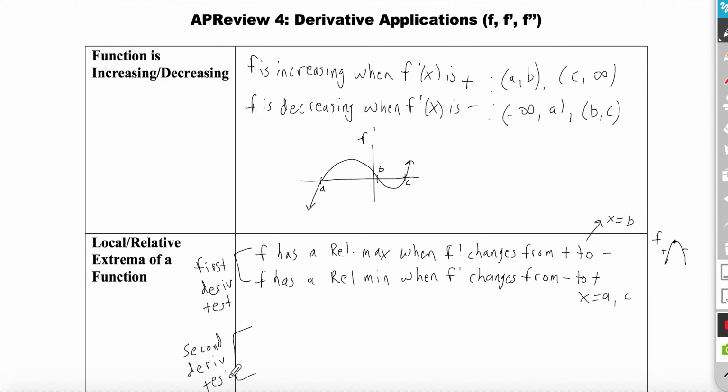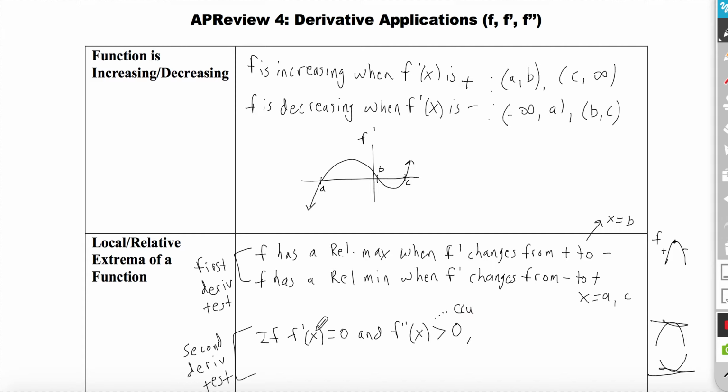What the second derivative test says is if f prime of x, so the derivative, is 0, which means we have a leveling off point on the graph, either up there or down there, we can actually use the second derivative to tell us what's going on. So if f prime of x equals 0 and f double prime of x is greater than 0, in our minds we think that means that f is concave up. We're in this situation over here.